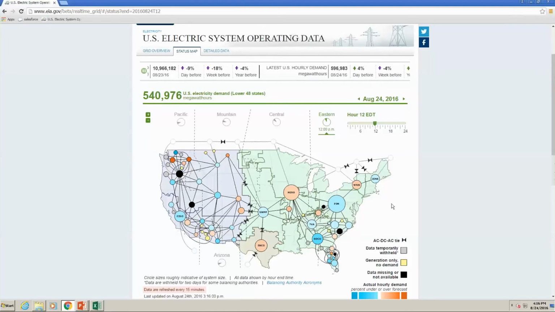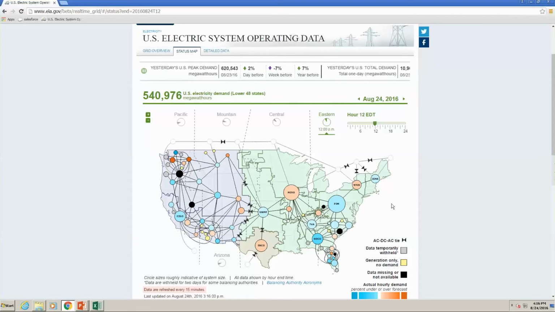Now these lines between New England and these other systems actually represent multiple lines, and it's perfectly possible that during that hour, power would be flowing one way on one line and out on another line. That type of thing will happen.